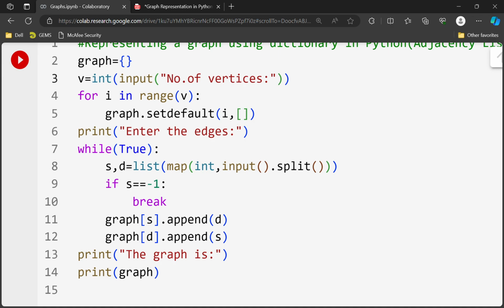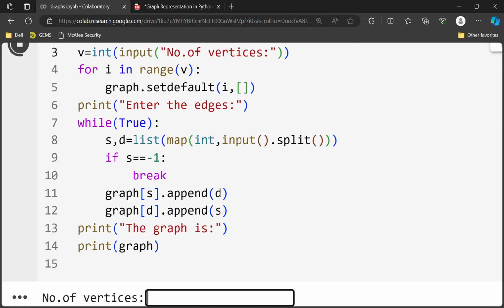This representation of the graph can be done. Let me run this code. Number of vertices is 5.